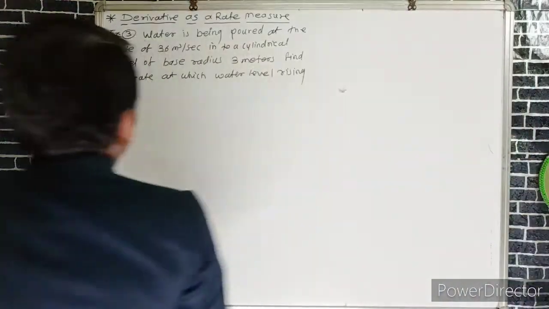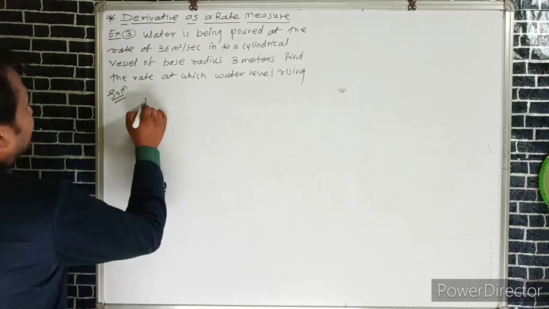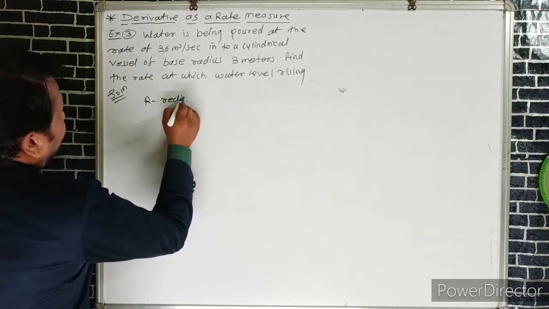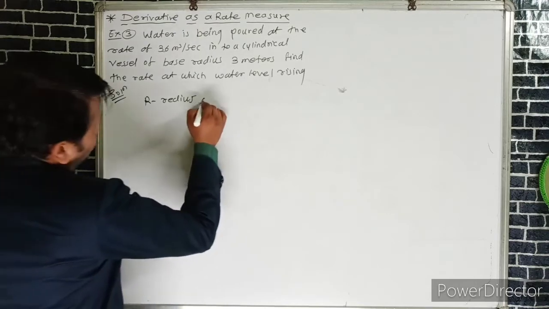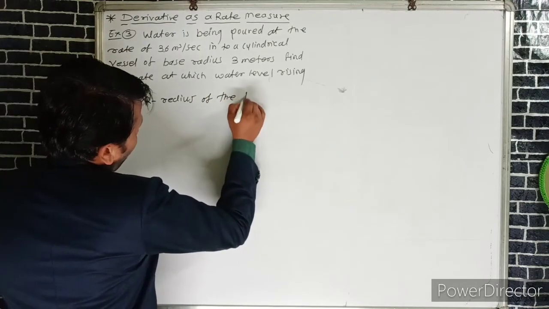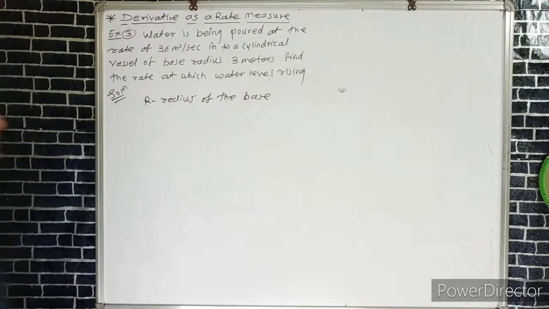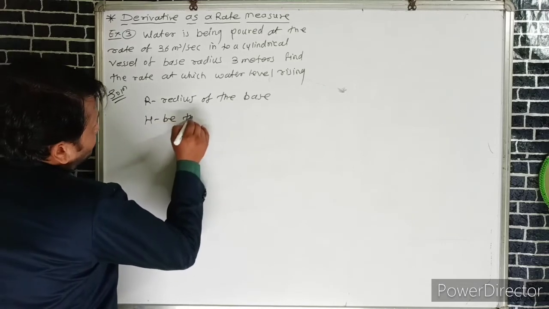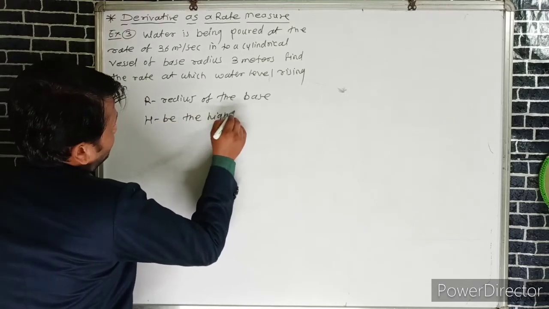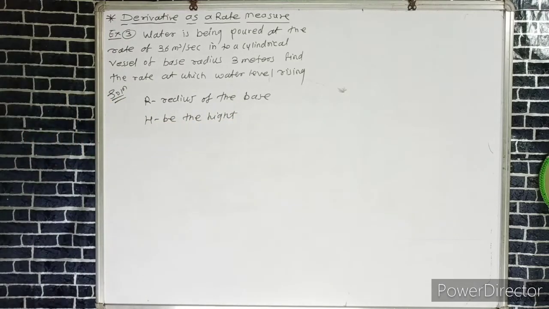So first we consider that r be the radius of the base. After that, water is being poured at the rate of 36 meter cube per second. It means that h be the height of the water level, we can say that.